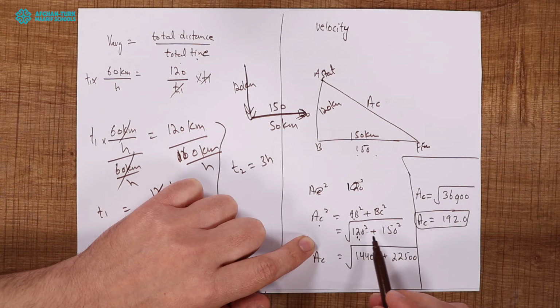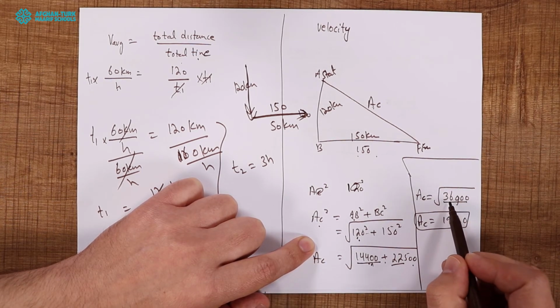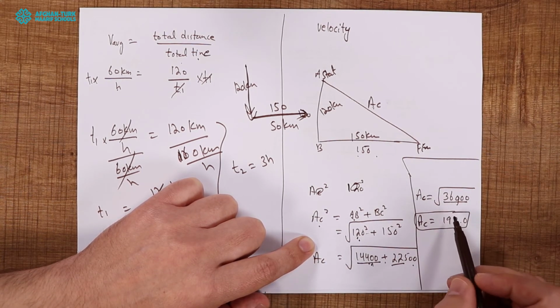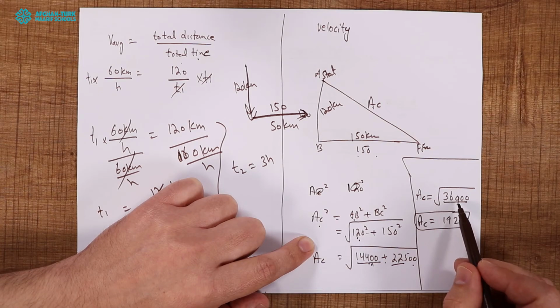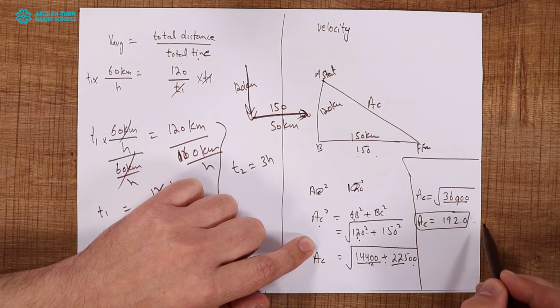If we find the squares, this one is 14,400 and this one is 22,500. If we add these two values, we get 36,900, and if we find the square root of this value, it is equal to 192 point something.